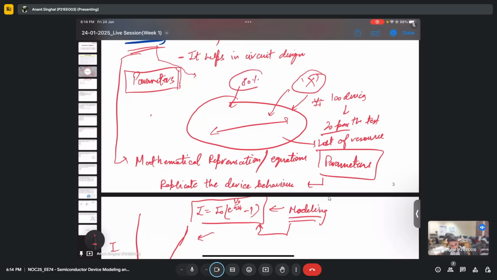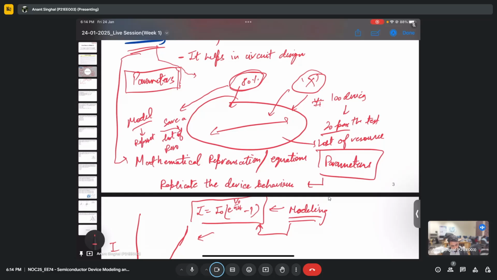Even before fabricating, we can model these devices. Model means we can mathematically represent these devices and run some circuit simulations or device simulations. Simulation is basically just simulating the device. We can capture the device behavior using the modeling, and using that we can save a lot of resources.